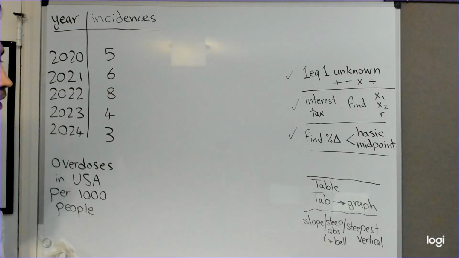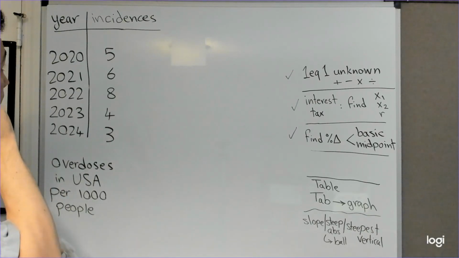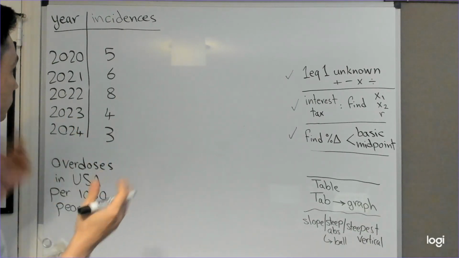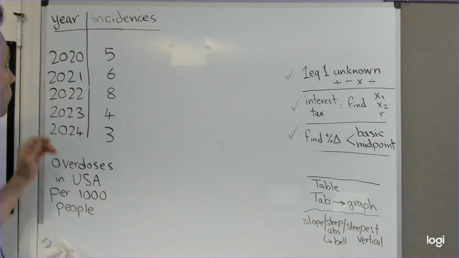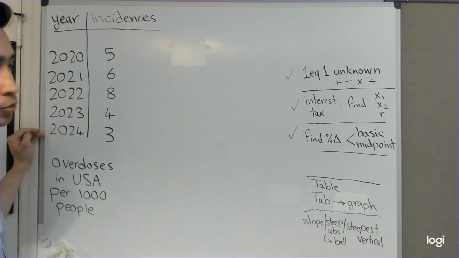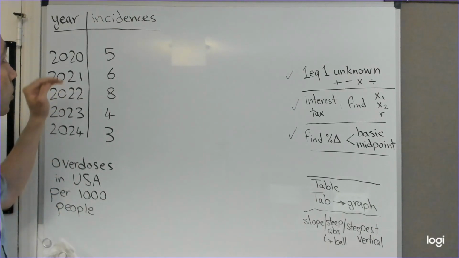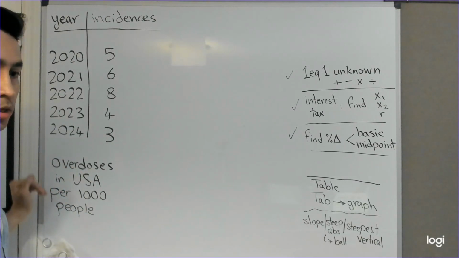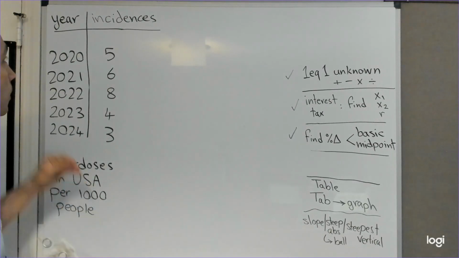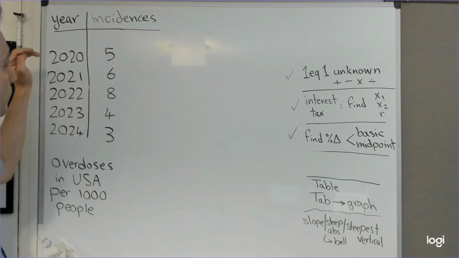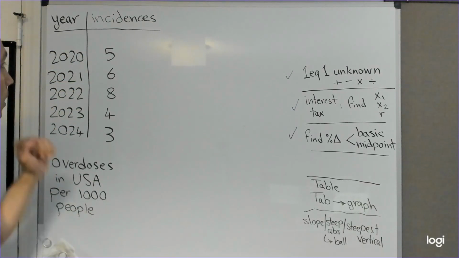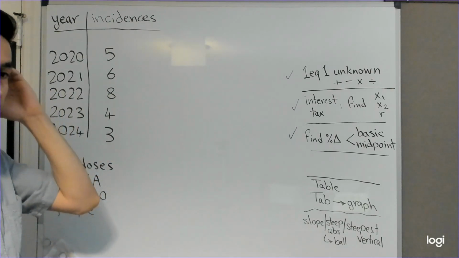Now let's talk about tables and graphs. On the left hand side, you see a completely made up table that I just put random numbers in. Suppose in years 2020 through 2024, the number of overdoses in the US per 1,000 people has been 5, 6, 8, 4, 3 in these years. If I have a table like this, it has a meaning in it.